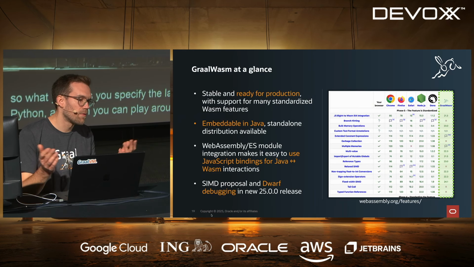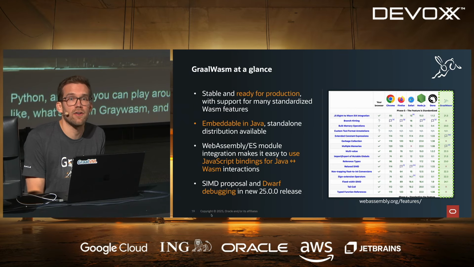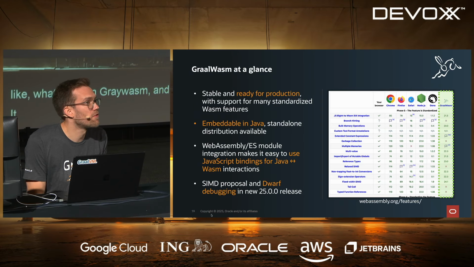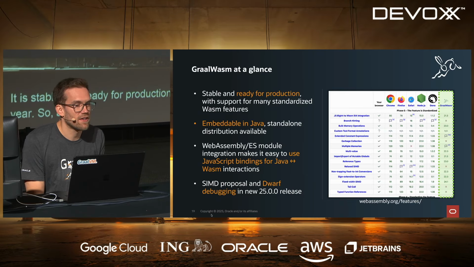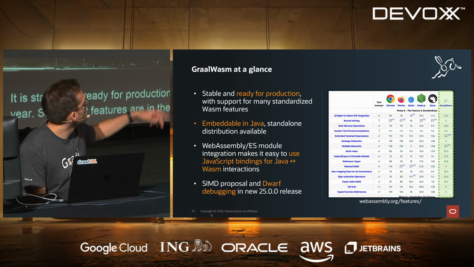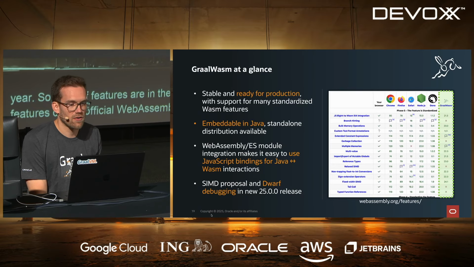So what's new in GraalWasm and what is important to know about it? It is stable and ready for production. So that happened, I think, last year. So a lot of features are in there. You can actually see all the features on the official WebAssembly website, on their features page.